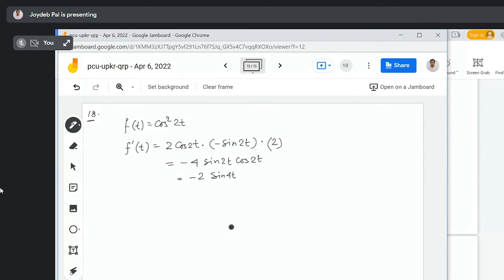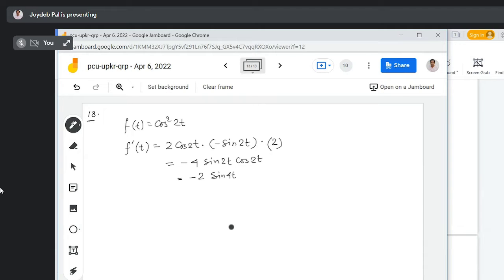What is the formula for sin 2t? 2 sin t cos t, na? Yes, sir. By using that, I can write minus 2 sin 4t. Now you think whether I can find the Laplace transform of this sin 4t? It is possible from the table. So no need to differentiate it again.